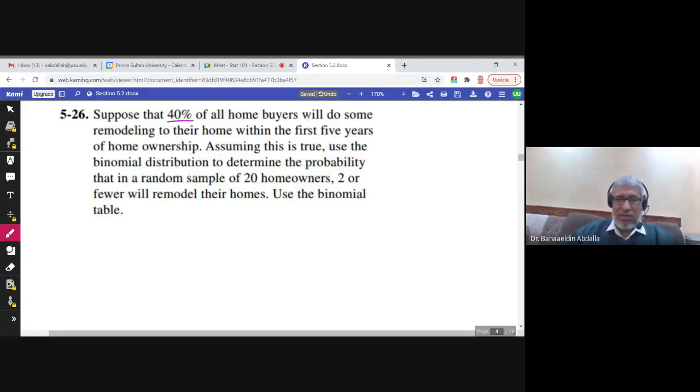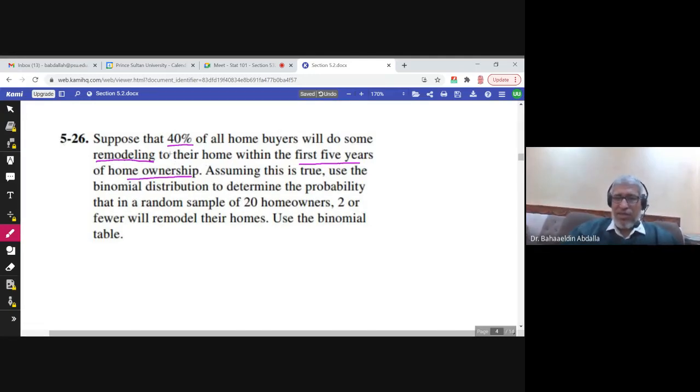The home buyers who are going to remodel their homes within the first 5 years. The percentage of those people is 40%. So it appears that the 40% could be the probability of success, so p could be 0.4 according to this sentence.